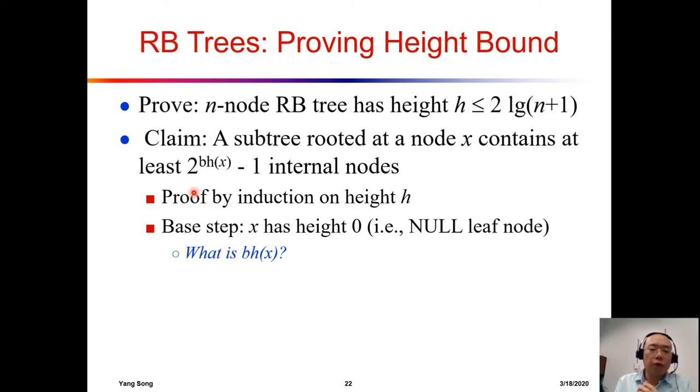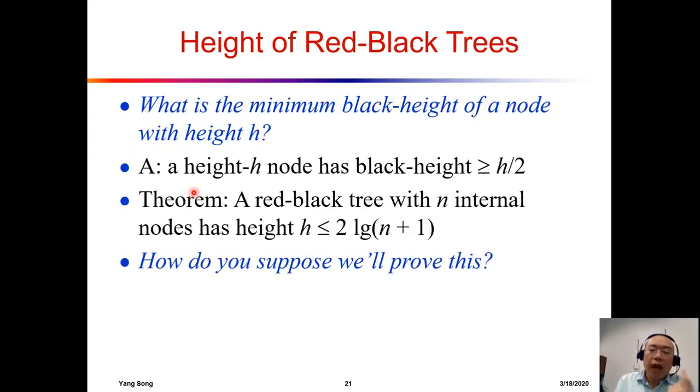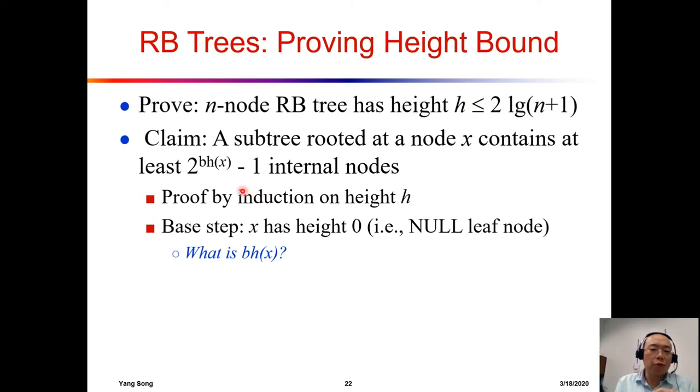So what we want to prove is, if x itself is a leaf, then we want to claim that a subtree rooted at the node x, which in this case is a leaf, contains at least 2^bh(x) - 1 internal nodes, where bh is the black height. So how do we want to prove that? Well, this will be our next task.